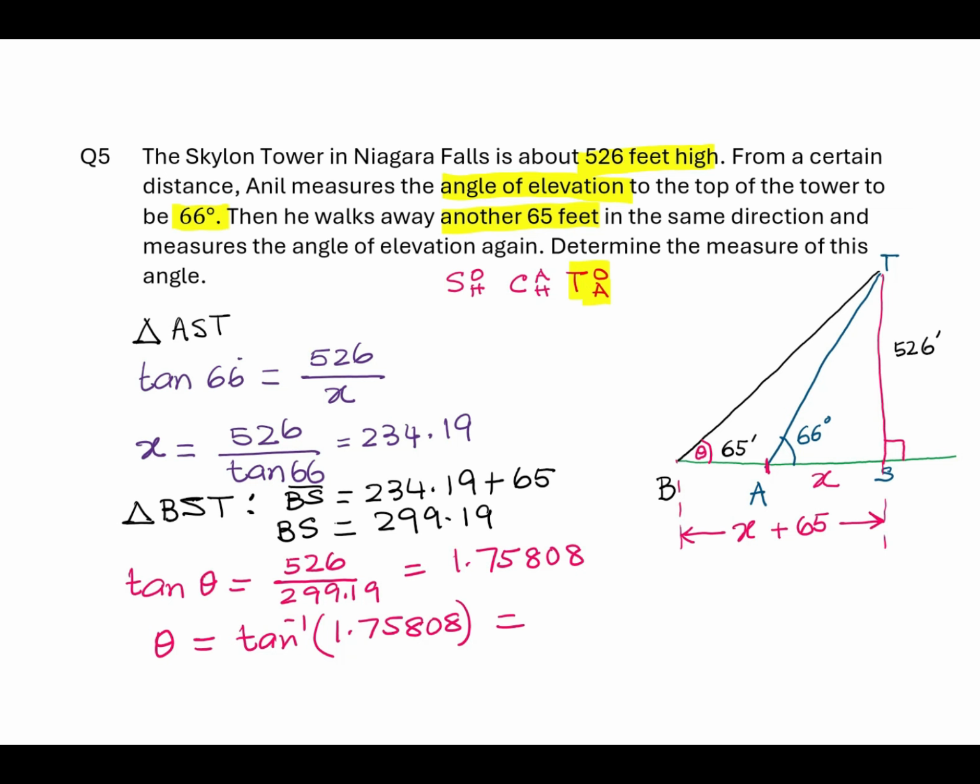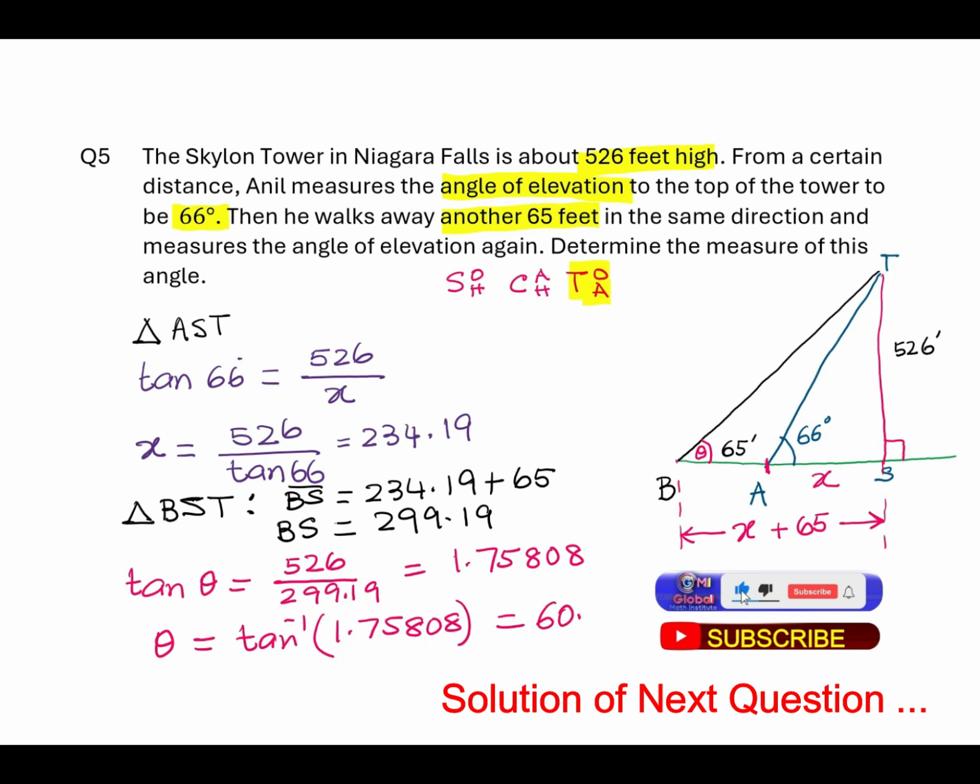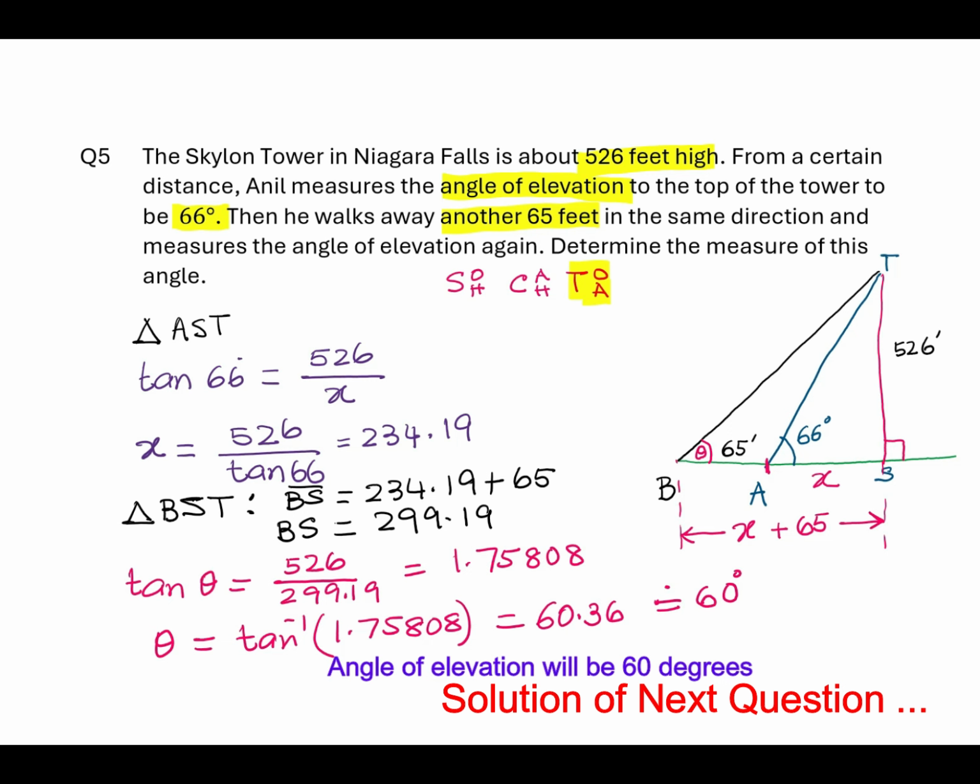And now we find shift tan inverse of the answer, which is 1.75808, and we get the angle as 60.368. Correct. So we can round this to around 60 degrees. So that becomes the angle of elevation from point B rounded to a whole number.